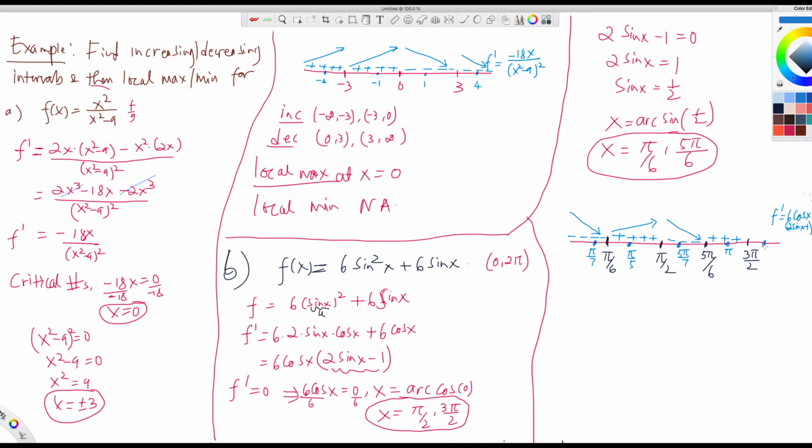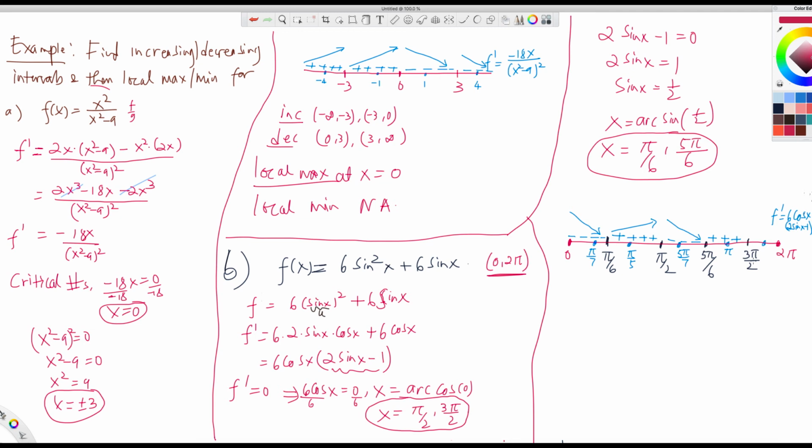And then let me take 3 pi over 2. What is a number bigger than 3 pi over 2? The last value you can pick is 2 pi, because the question is giving 0 to 2 pi. Let's find a number a little smaller than 2 pi.